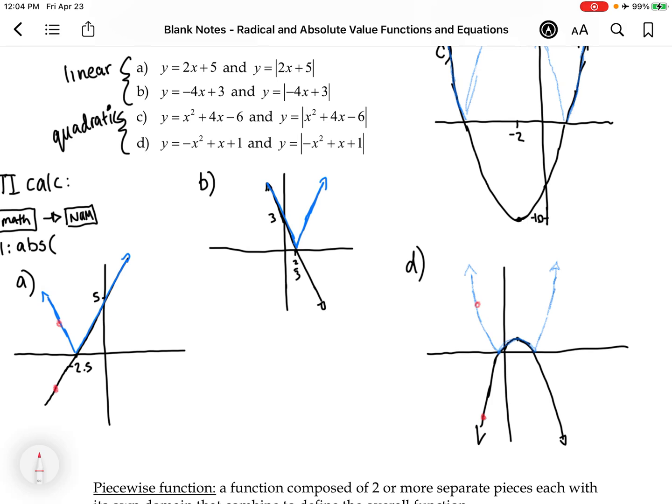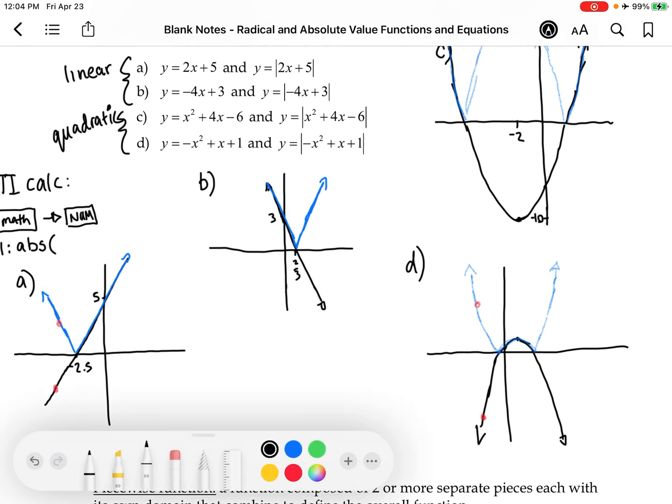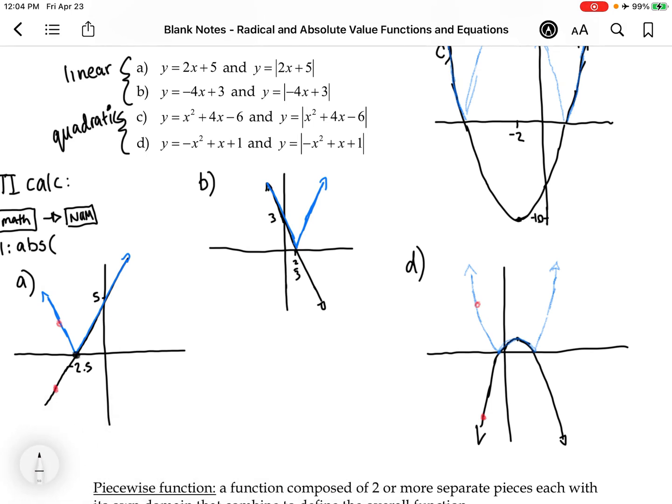Okay, now some points are the same, right? So firstly, there's these overlapping points, and then the x-intercepts are where they sort of start to diverge from one another. Okay, and that's because that's where the function is equal to 0, right?